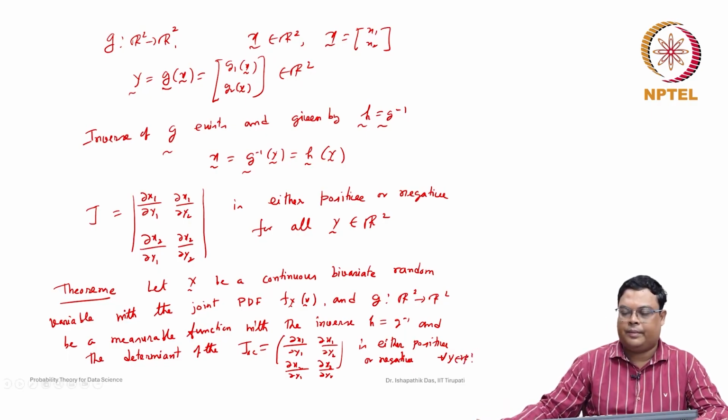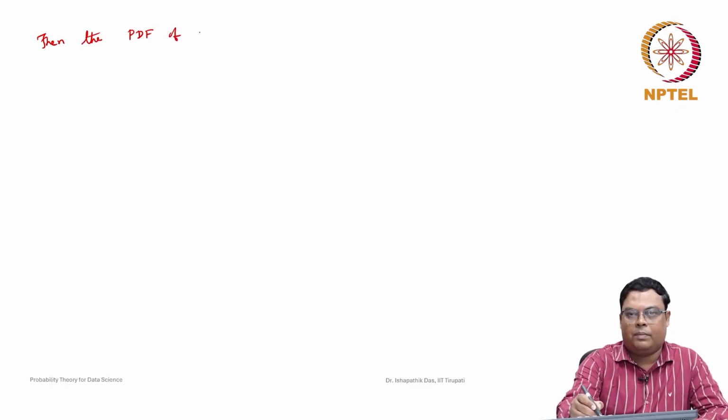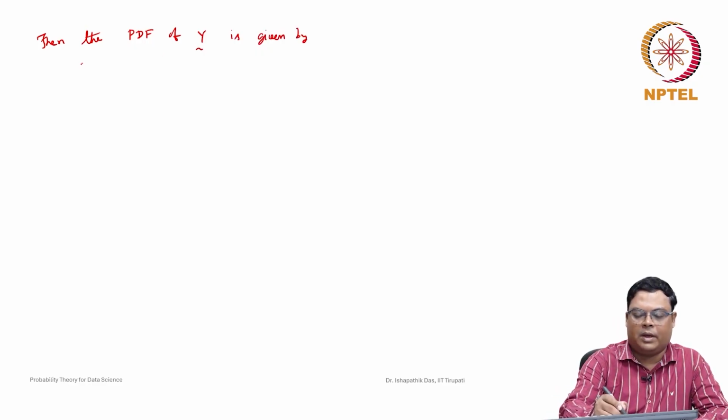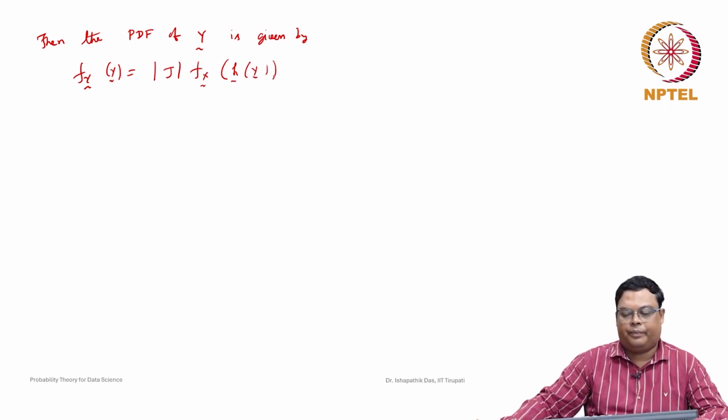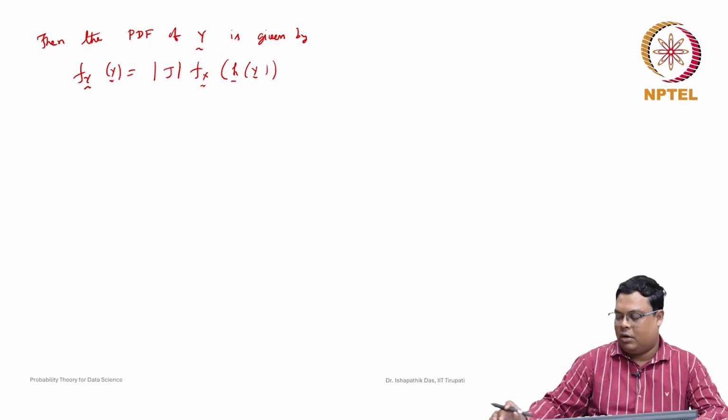Then the probability density function of Y is given by f_Y(y) equal to the absolute value of this determinant of the Jacobian times f_X(h(y)). So this is the theorem.